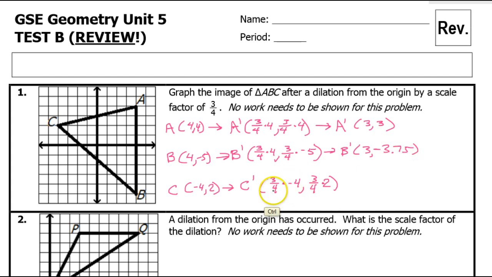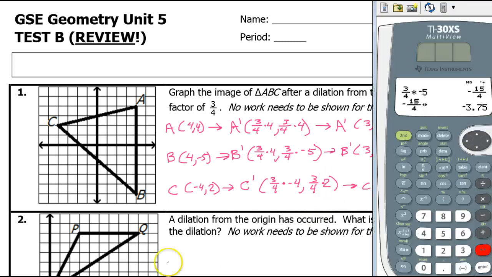And then here, these 4's will cancel out, and I'm just going to end up with -3. And 3/4 times 2. All right, so that's 1.5.